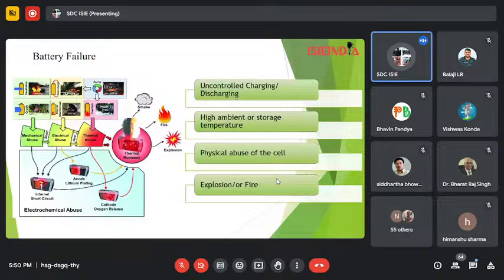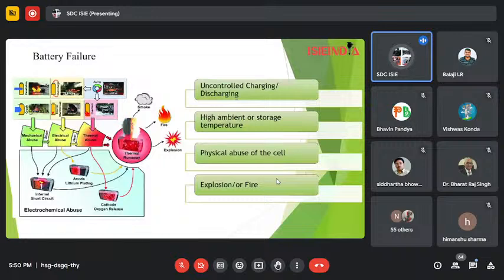I have told you about the separator, right? So what is the separator? It lets lithium ions pass through it. It won't let the electrons pass through it. But if any kind of mechanical abuse is there inside that cell, the separator will get damaged.